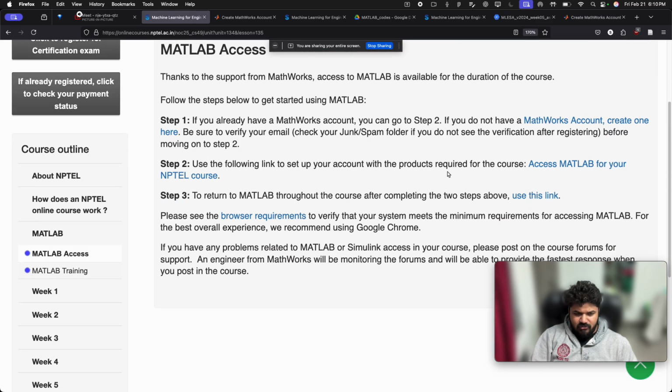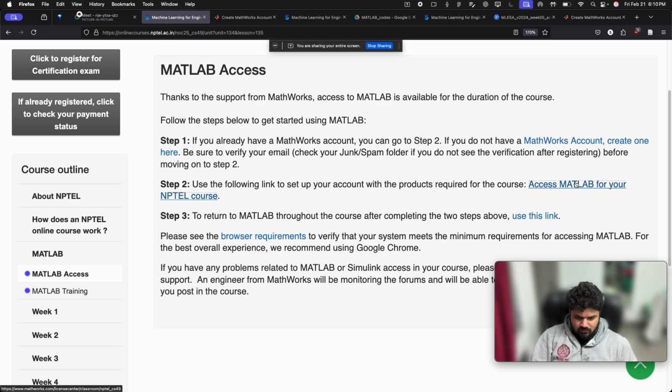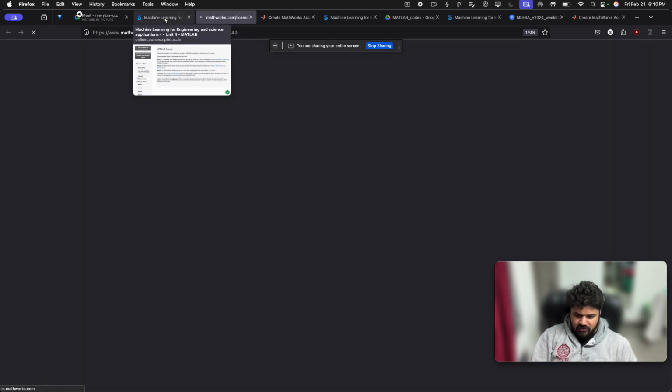So those who are facing problems in MATLAB, I'm doing it on one side.